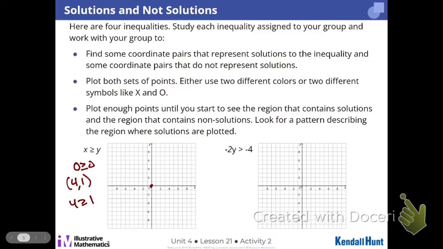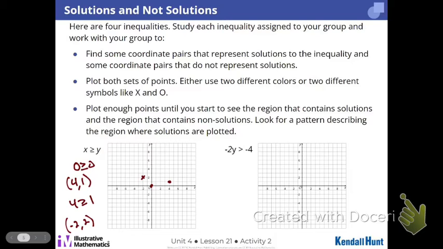Is that true? Yeah, so that works. So I'll put it. Okay, and then maybe I'd try (-2, 2). Is negative 2 greater than or equal to 2? No, so then I'm going to put an X there. Something like that. Test out points and see what you can see, okay?